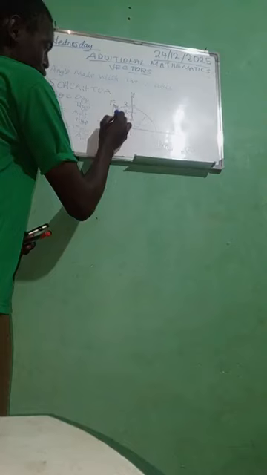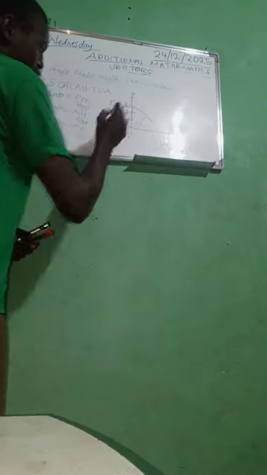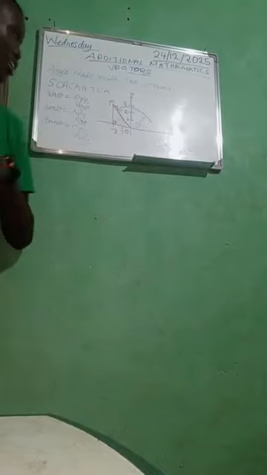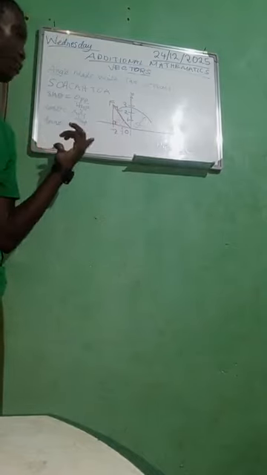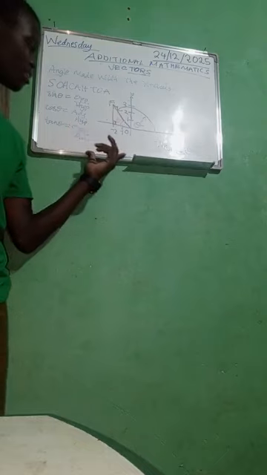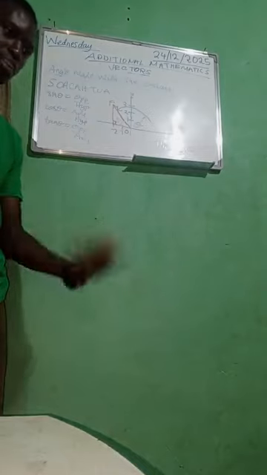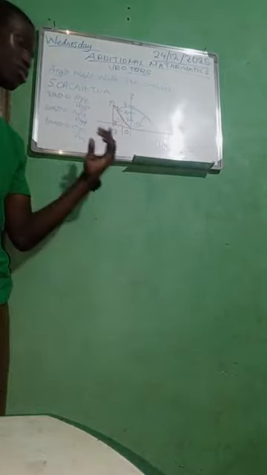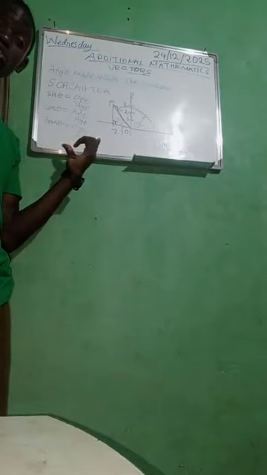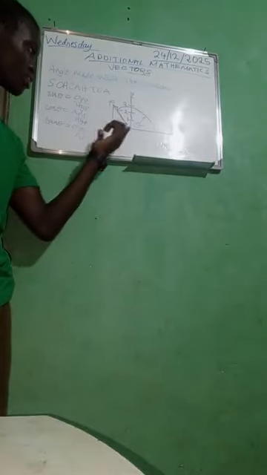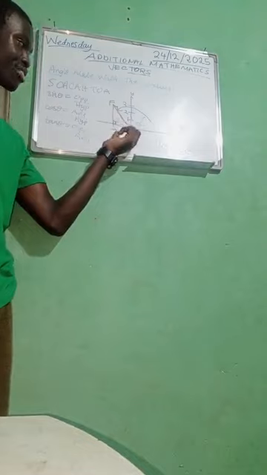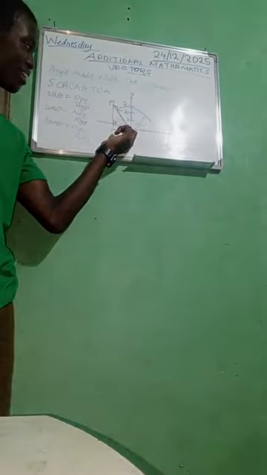It is a right angle triangle, representing a right angle triangle. That is where now we can use the Pythagorean theorem and our trigonometric identities.